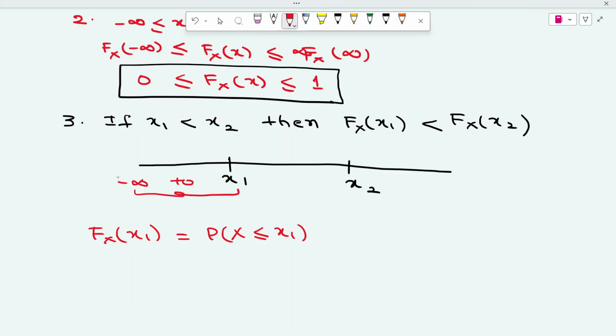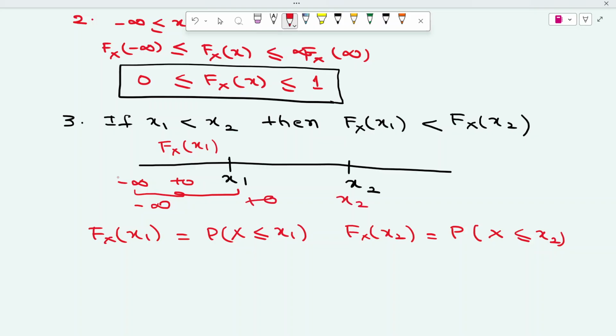Similarly, Fx(x2) is the probability of X less than or equal to x2, that is, from minus infinity to x2.